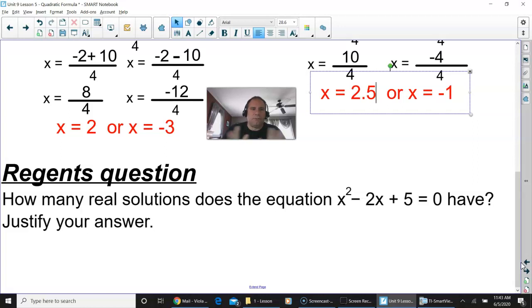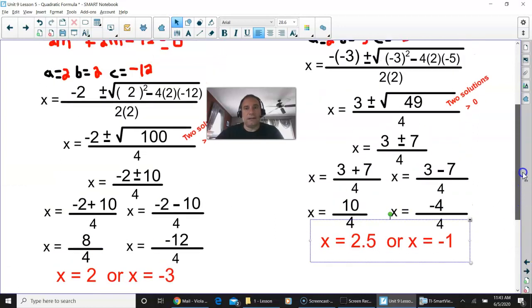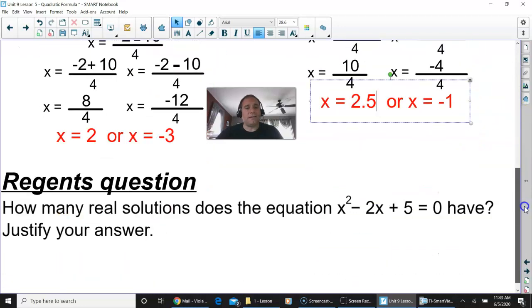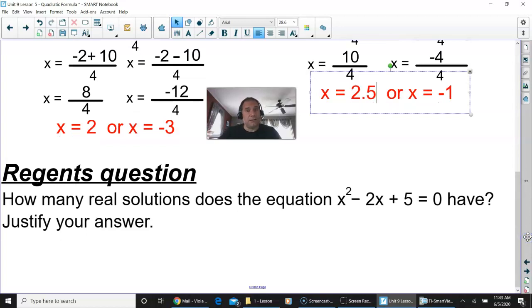And just a little bit of a hint here, just use the formula b squared minus 4ac. All right, so that's the formula that you could test how many solutions it has. That's just a little bit of a hint. You can press pause now.